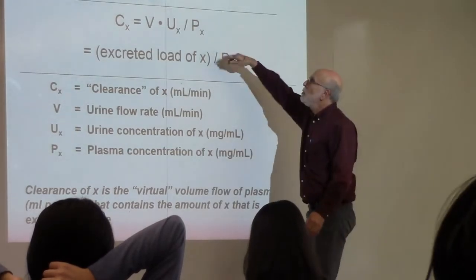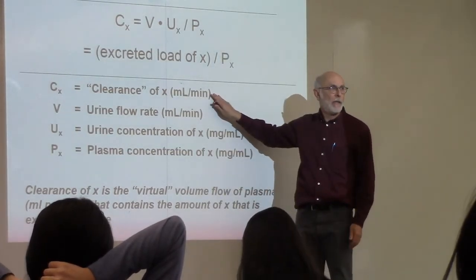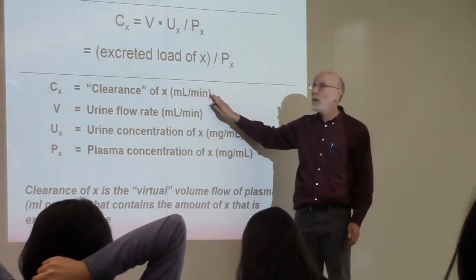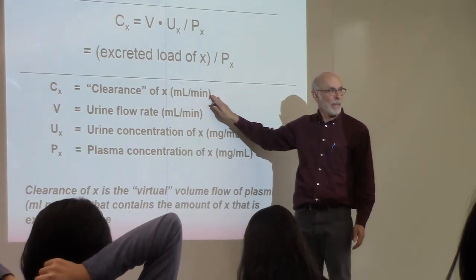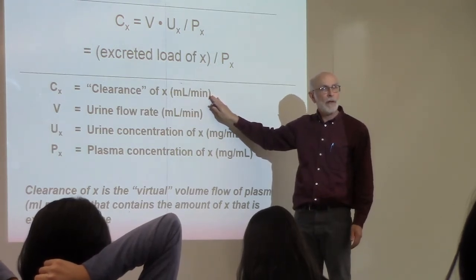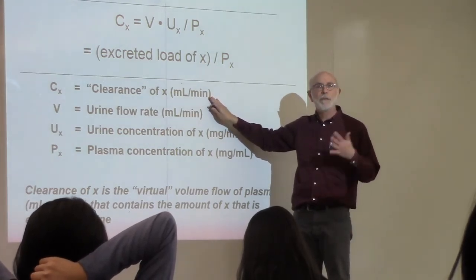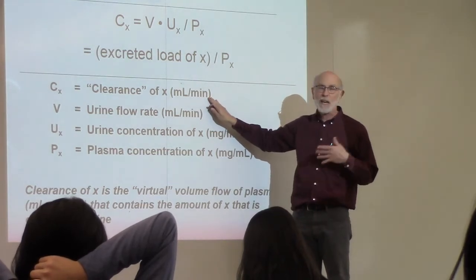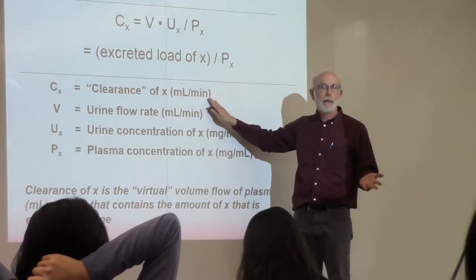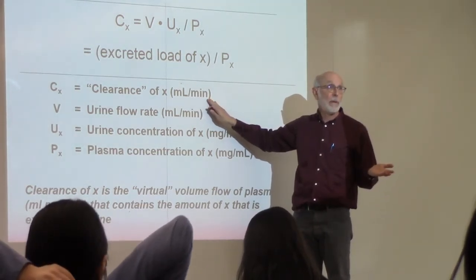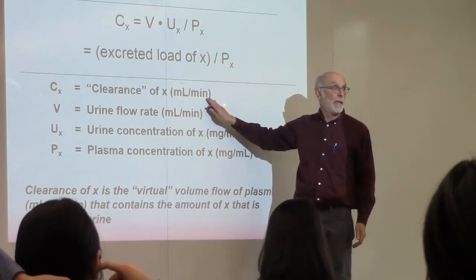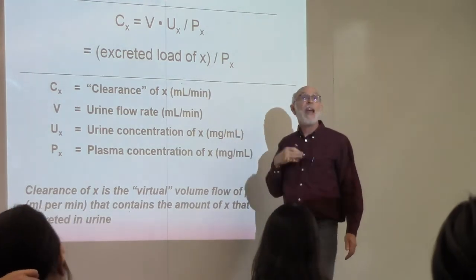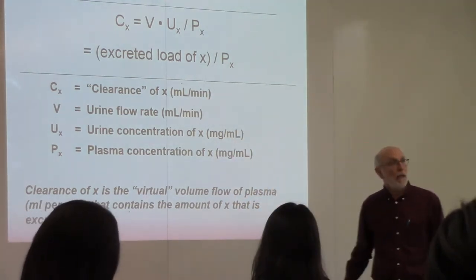But if you do the units, the unit of clearance is in milliliters per minute. The units of the clearance of sodium is not going to be milliequivalents per minute. That's the excreted load. The clearance is going to be in milliliters per minute. And so the clearance of everything is in milliliters per minute.